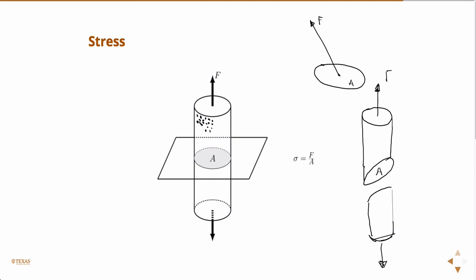Right? So I've cut the bar in half, and instead of cutting it on a plane perpendicular, I cut it at an angle. And so now this area is different than that area. Everybody agree with that? Right? So the initial area was a circle, and now this is like an ellipse because I've cut across at an angle. So the force is identical.